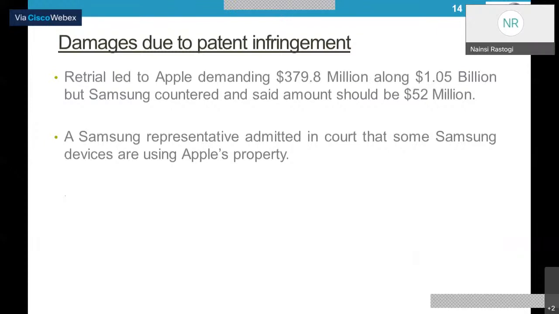So this is the case that ended with a huge cost at the end of Samsung, and it was also huge damage to the reputation of both companies, because they were in a legal battle for almost 7 years, and it was called the design patent war between two technology giants.